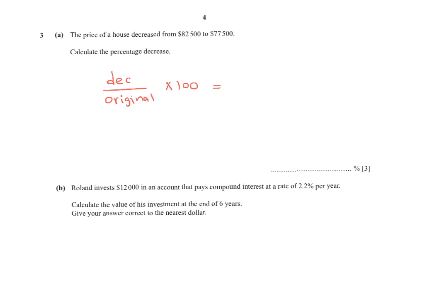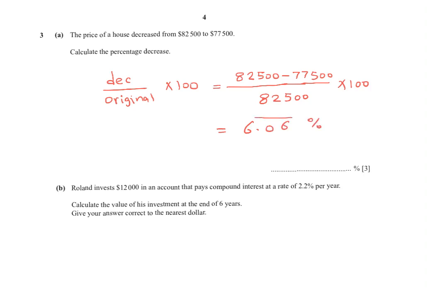So 82,500 minus 77,500, over the original, which is 82,500, times 100, equals 6.06 percent. This is the percentage decrease.